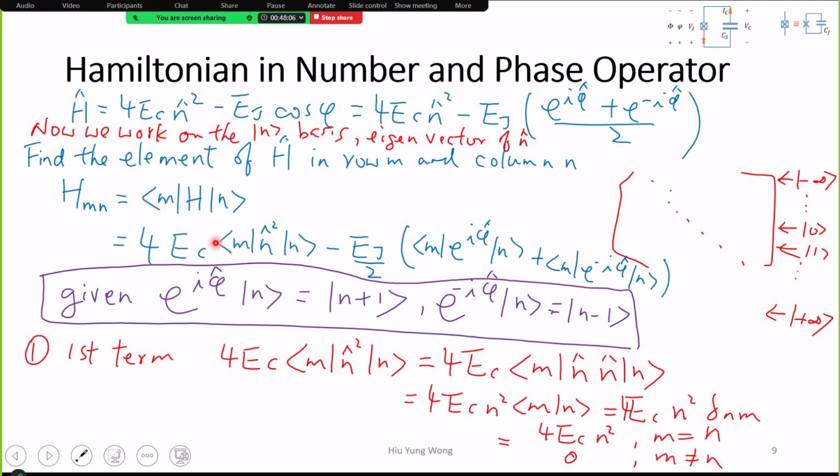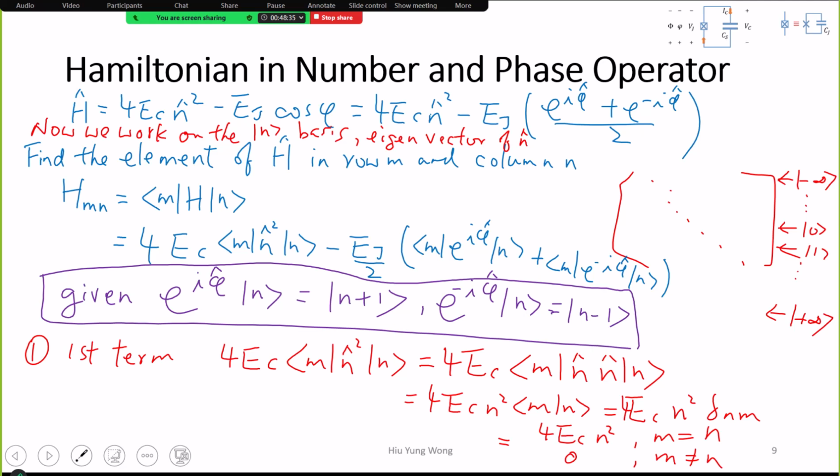It means for this term, you will only get non-zero along the diagonal. And its value is 4EC n squared. For example, at 1, it is 4EC1 squared. At 2, it's 4EC2 squared. It only appears on the diagonal term. Make sense?